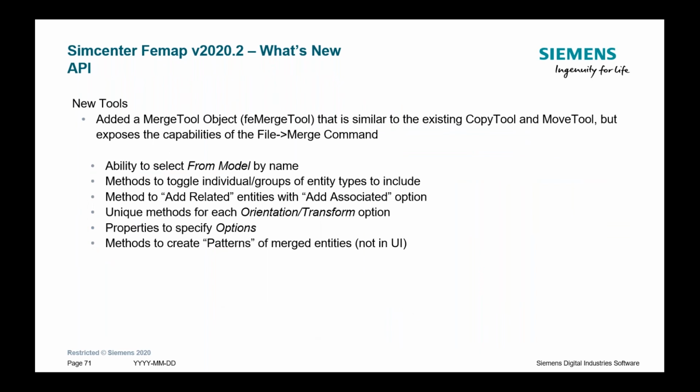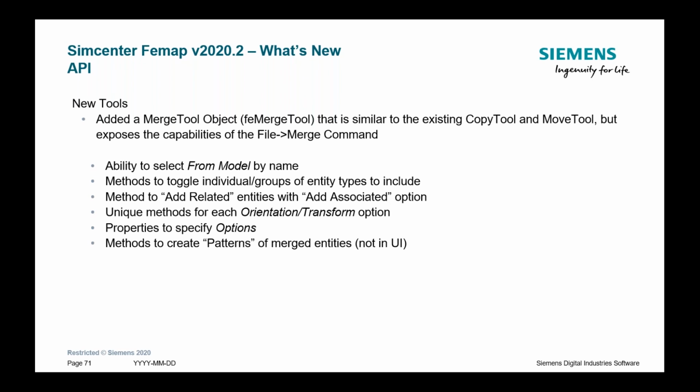Not sure why it took so long, but now there is programmatic access to the file merge command. So if you've ever used model merge inside of Femap and wondered why it wasn't in the API, well, the answer is it is now.